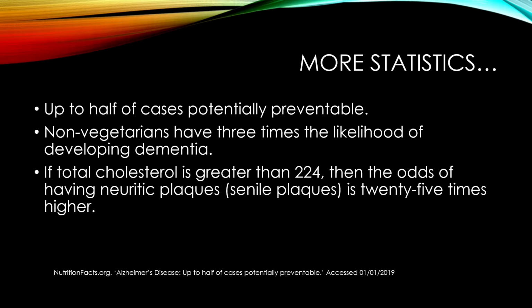If the total cholesterol is greater than 224, then the odds of having your neuritic plaques, remember the plaques in the brain tissue, your senile plaques, are 25 times higher. So every time someone says their cholesterol is high, you're actually preparing yourself for a future of dementia.